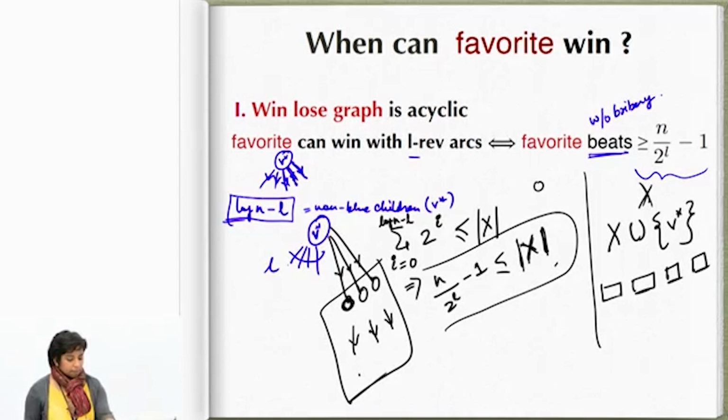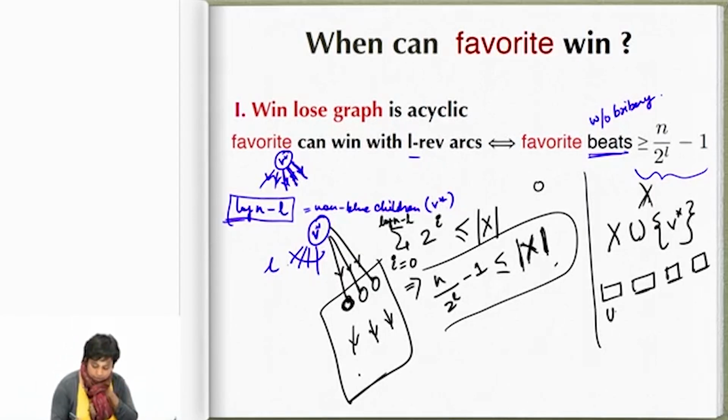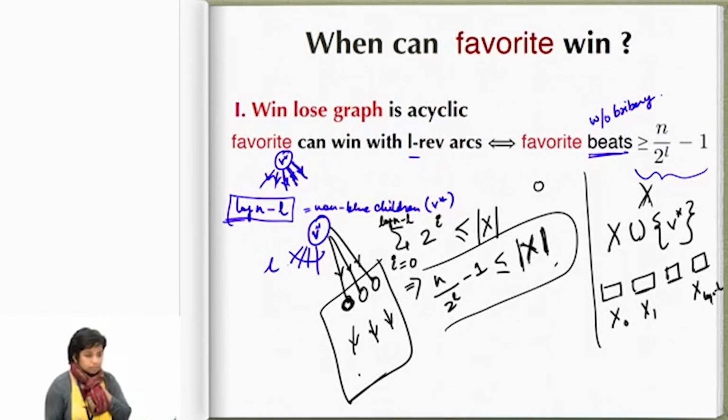It's the same thing. So I basically use this number of vertices. I know this is the size. I will create a set, I should use U0. I create subsets x0, x1 all the way to x log n minus L. If X is strictly bigger than this, basically remove some vertices arbitrarily, and split this entire set into this sort of thing, where each x_i has size 2 to the power i.